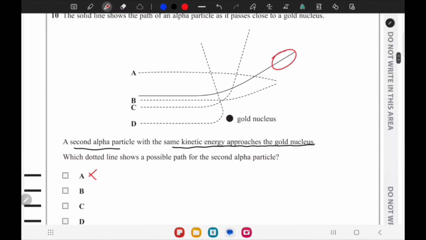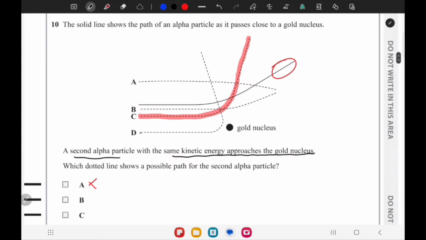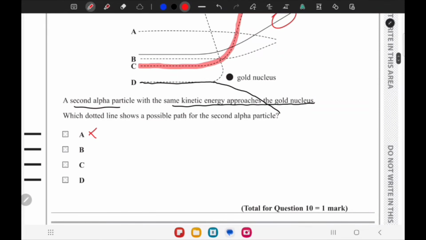Now for C, it looks accurate enough. It might be C. Now for option D, it's coming from the bottom of the gold nucleus, so it should be repelled in this direction, so it should have a path like this. So D is also not our option, so C is the correct answer over here.